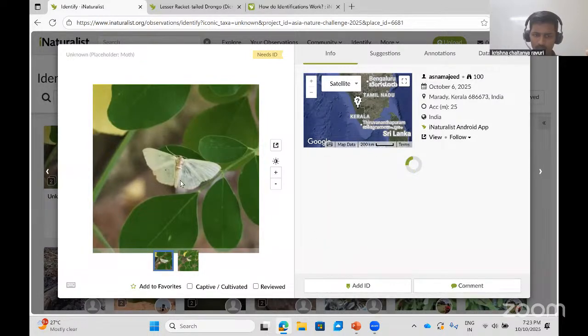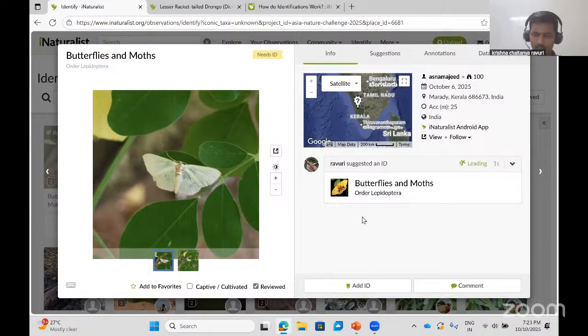So there we identified it. And how does this help? Anybody could say this is a moth, but if there's a moth expert who wants to identify, they would directly search for Lepidoptera and this would reach them, right? So that's how this was helpful.